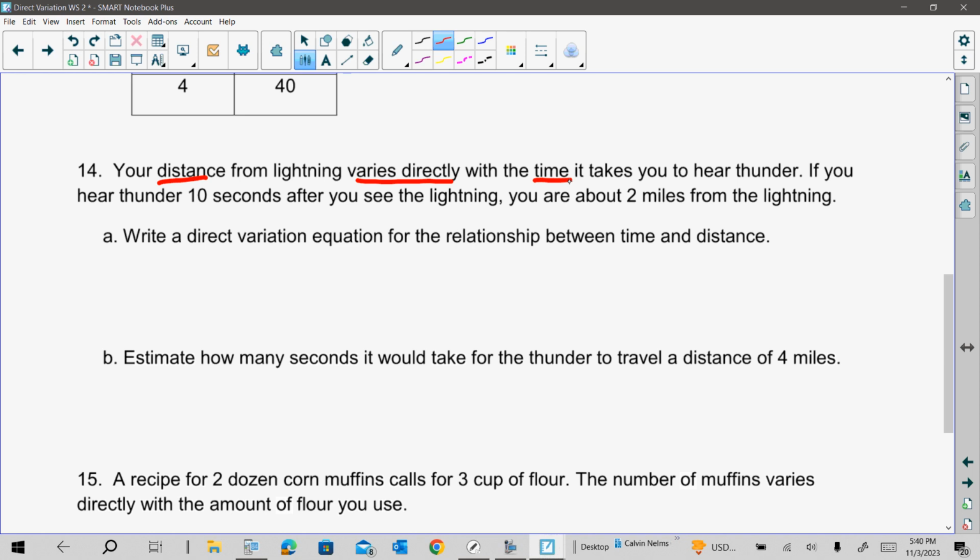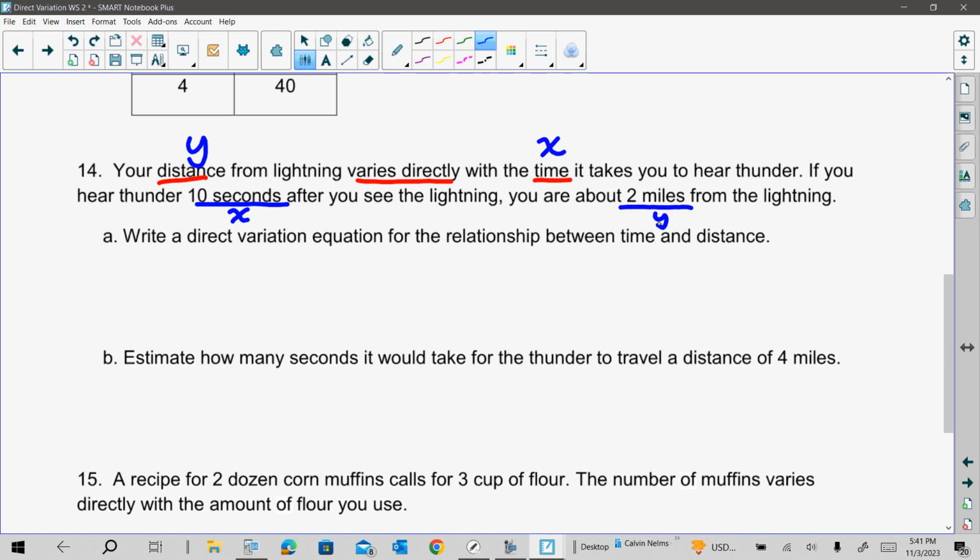So this is like saying y, which is our distance, varies with time, which would be our x. It says if you hear thunder 10 seconds after you see lightning, so 10 seconds is referring to time. It says here you're about 2 miles from the lightning. Miles is distance, so that's y.